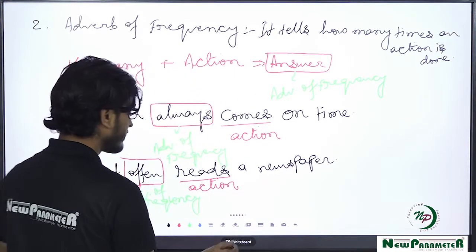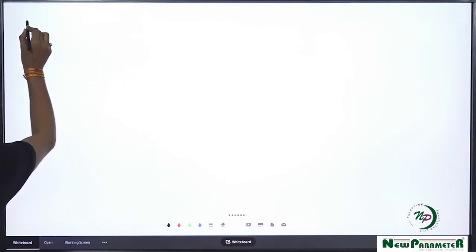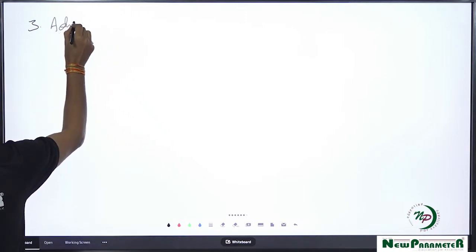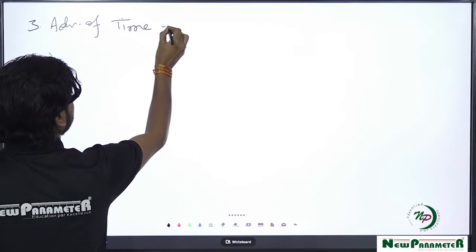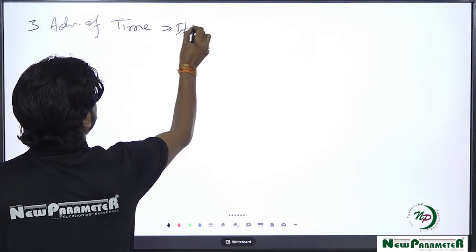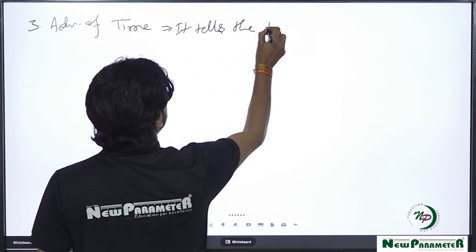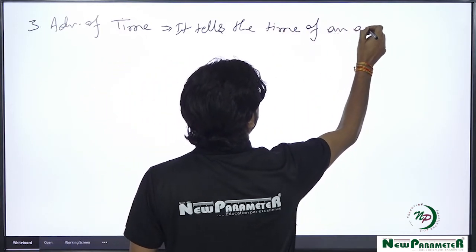Now we will see the next type, that is point number 3, an adverb of time. Again, it is very easy. It tells the time of an action.